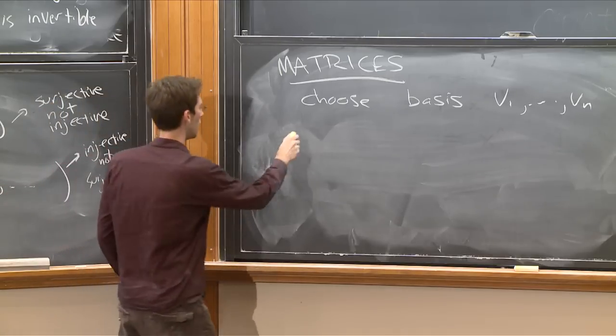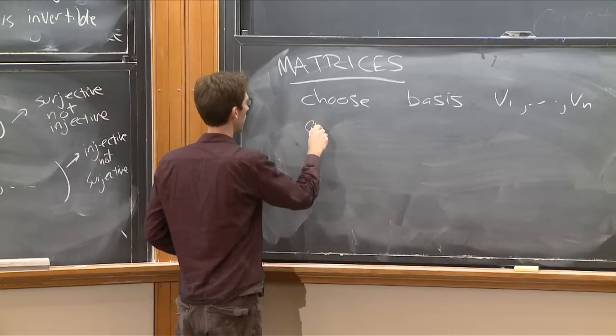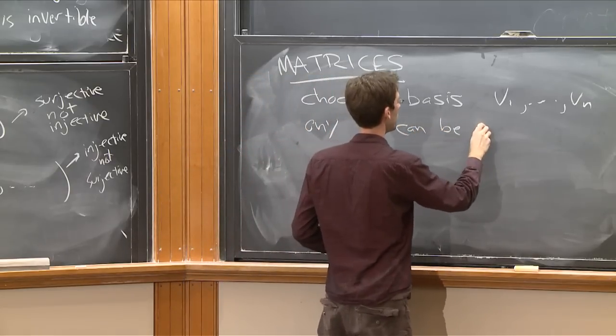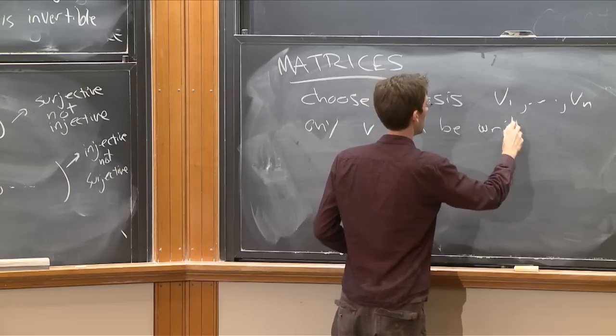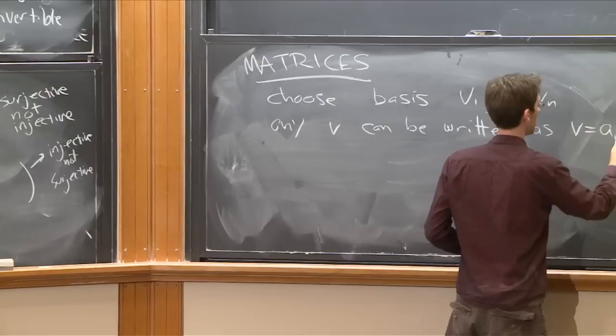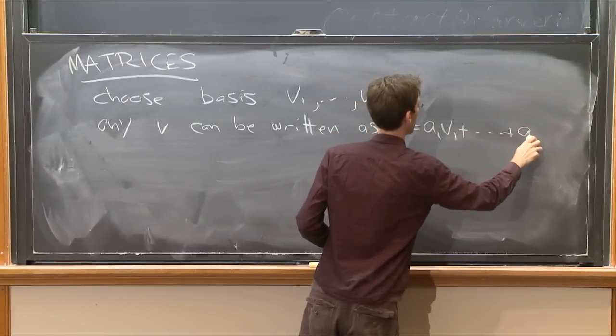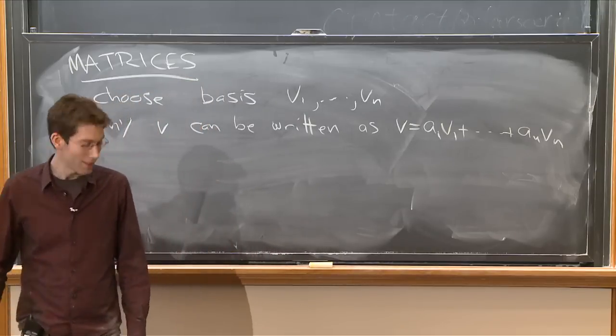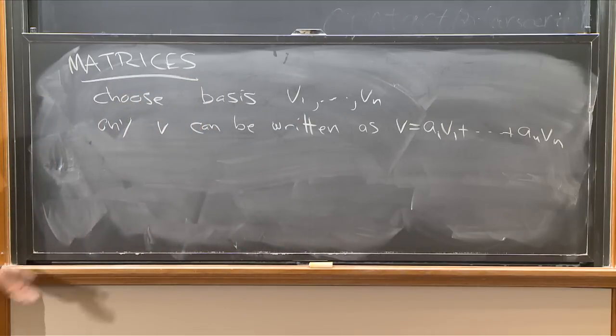So why is that? Well, the fact that it's a basis means that any v can be written as linear combinations of these basis elements, where a1 through an belong to the field.